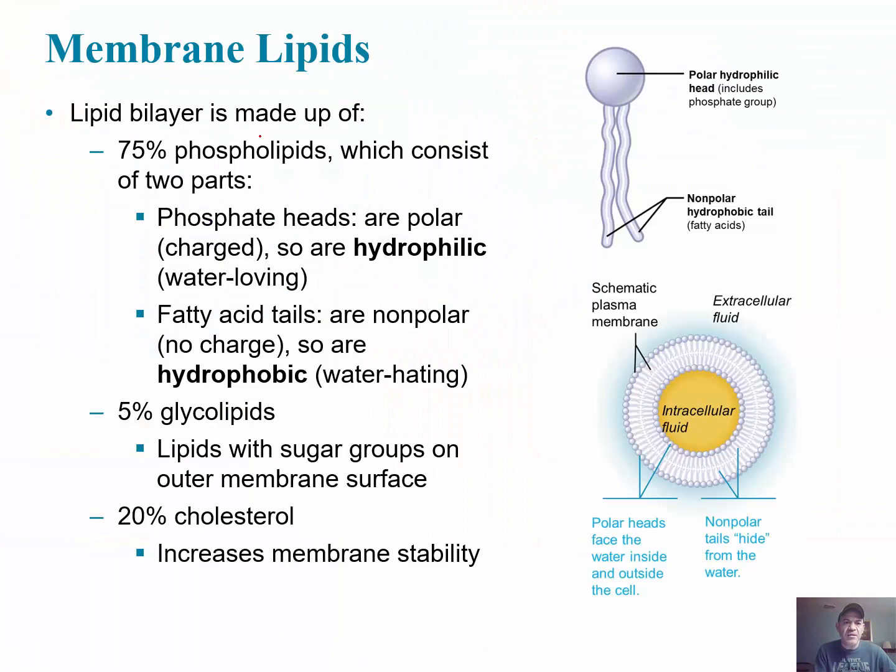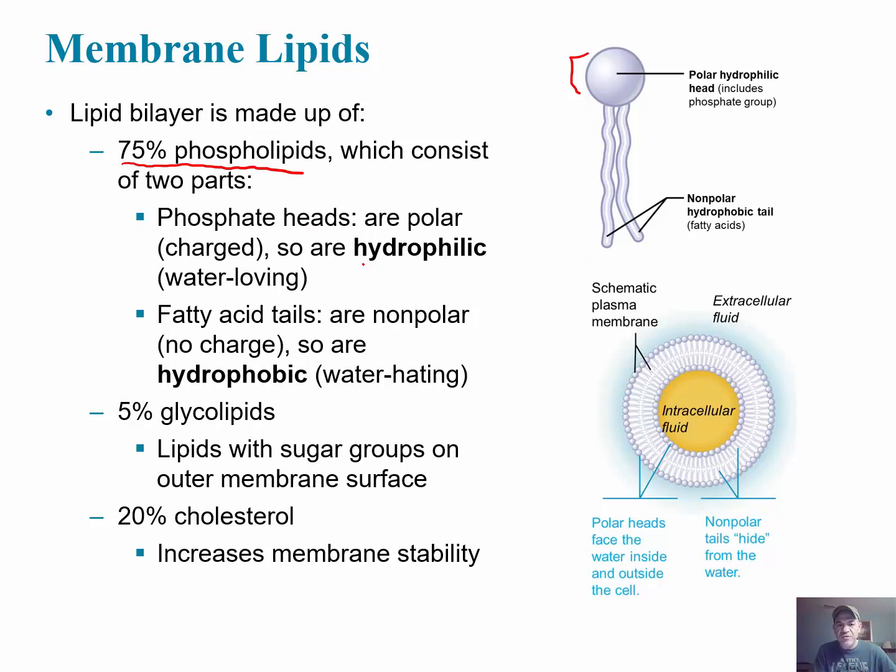So looking at membrane lipids themselves, it's a lipid bilayer, so 75% is going to be phospholipids, and you see the model on the right. You've got your polar head and your nonpolar tails there.